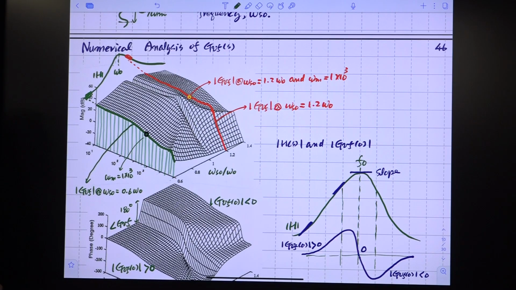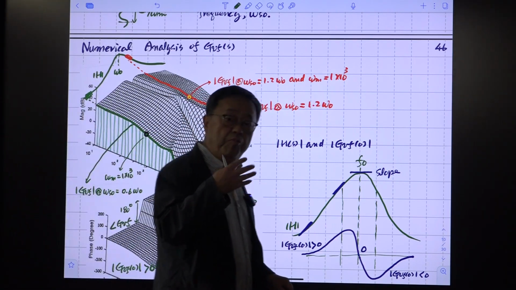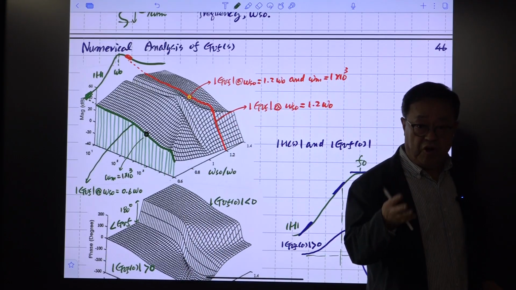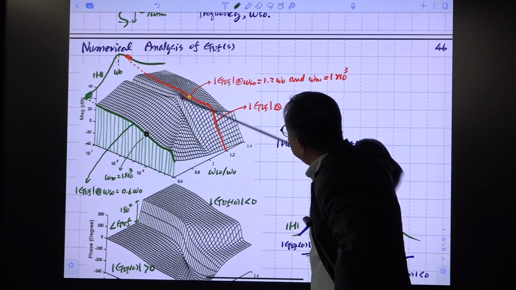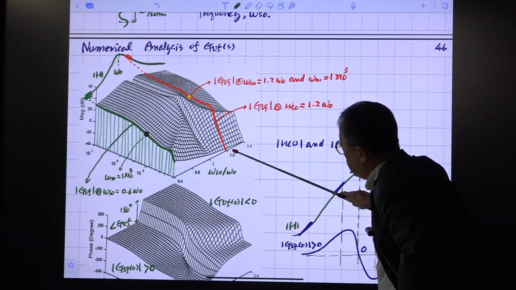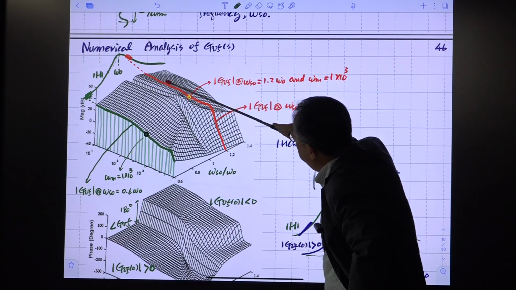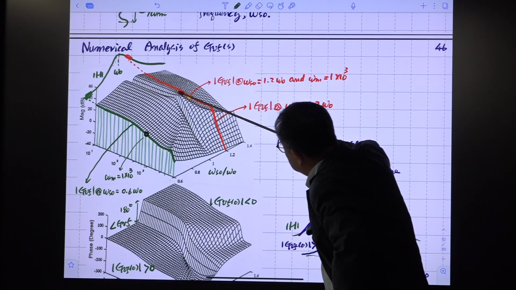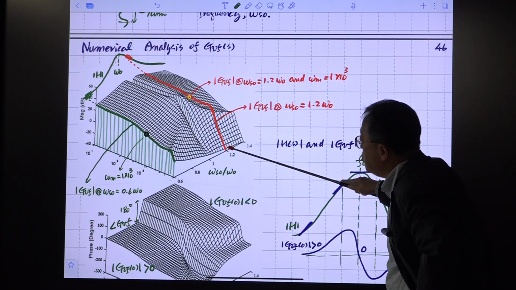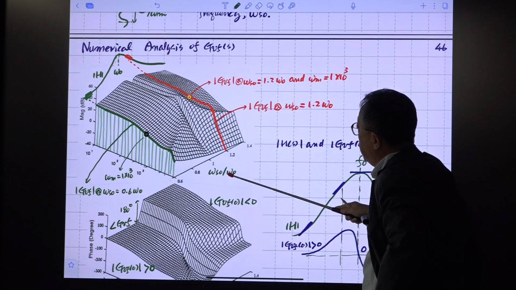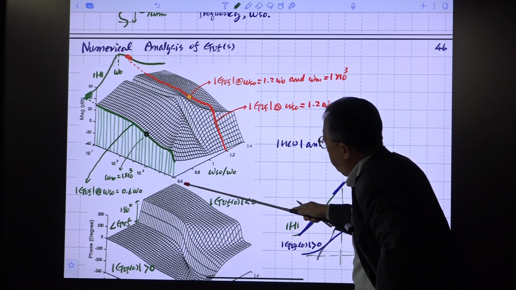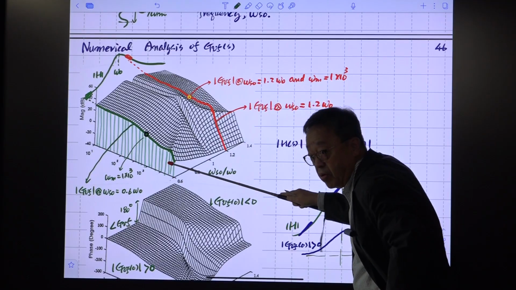Okay. If you select your unmodulated switching frequency at a particular value, for example, for this red one, the ratio is 1.2. Then you have one set of curve, which is like this, right? If you select the ratio between omega SO and omega naught as 0.6, you have this curve, right?